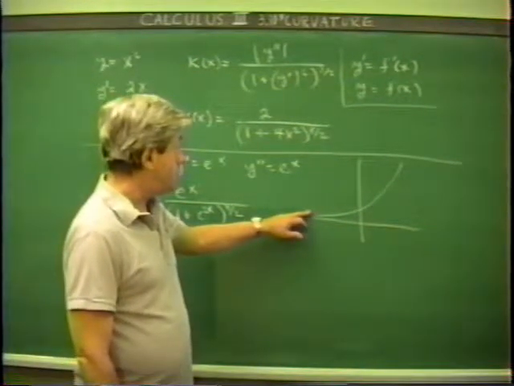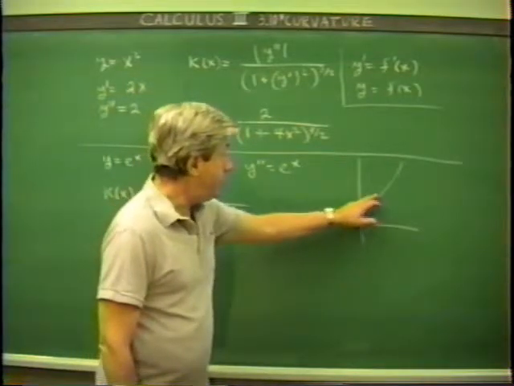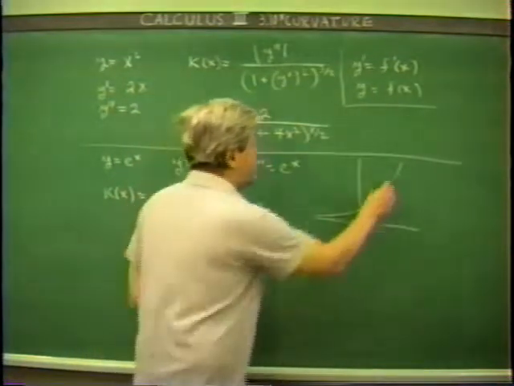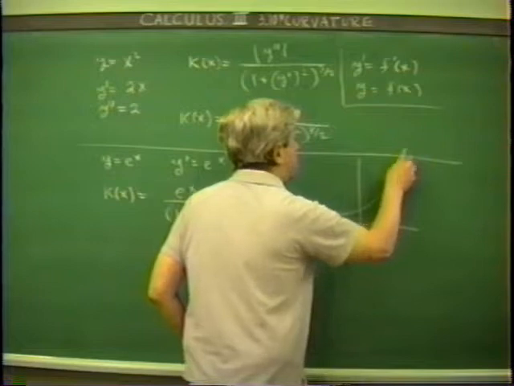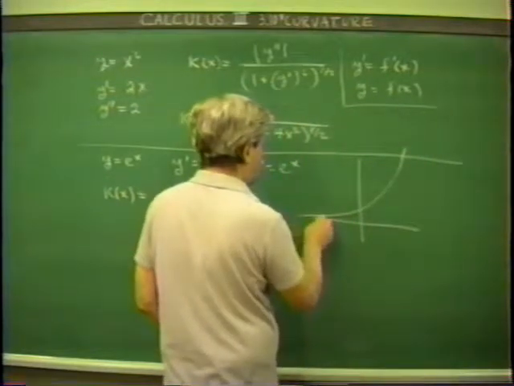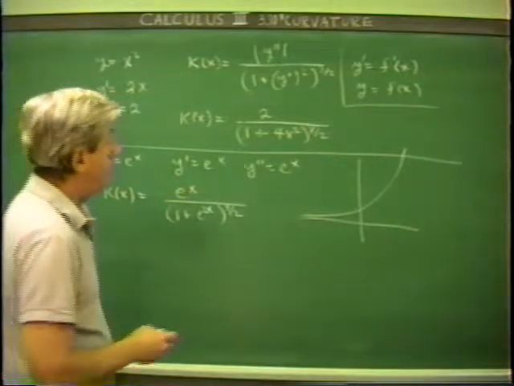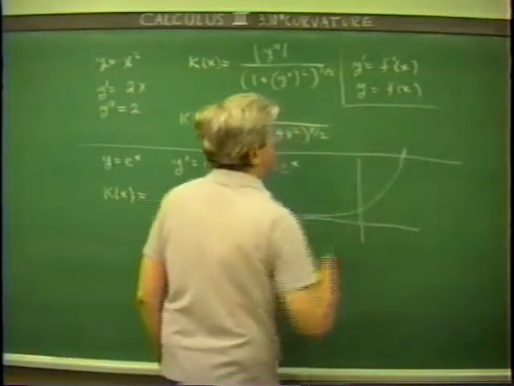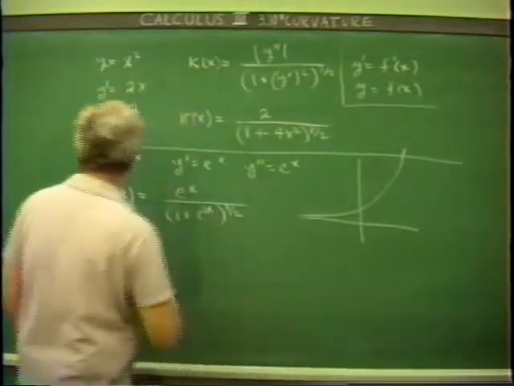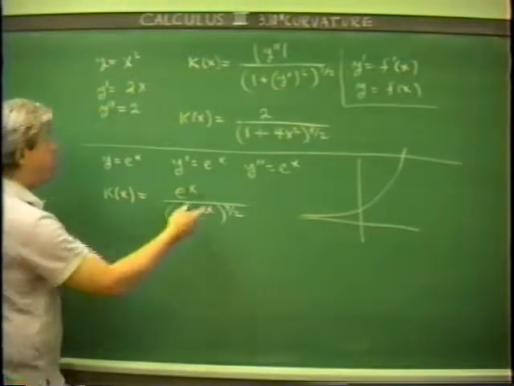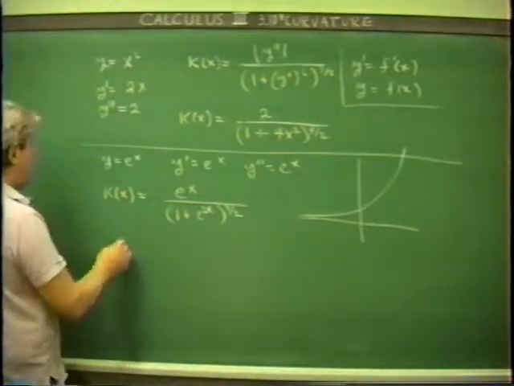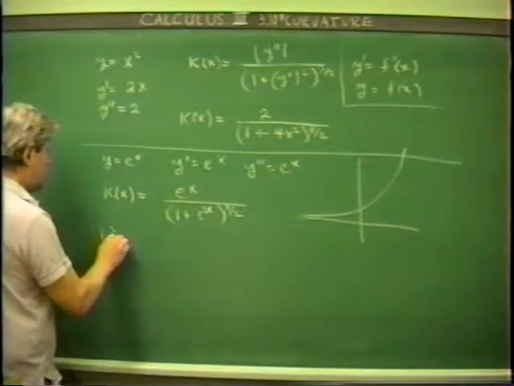It's perhaps curious here to ask the question, where is this curvature maximal? Somewhere around here, there's a maximal curvature. This thing tends to be very flat in both of these directions.